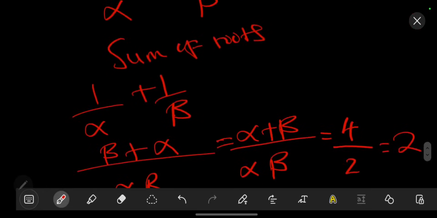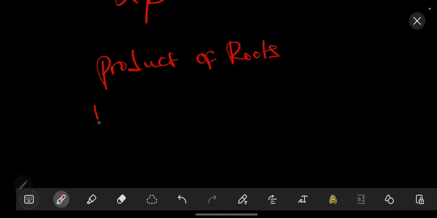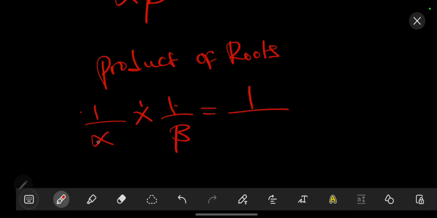So we have found the sum of roots. Let's find the product of roots. So the product of roots is 1 over alpha, multiplied by 1 over beta. So you just get those roots that we are now looking at. So we are going to have 1 by 1, it's 1 over alpha beta.